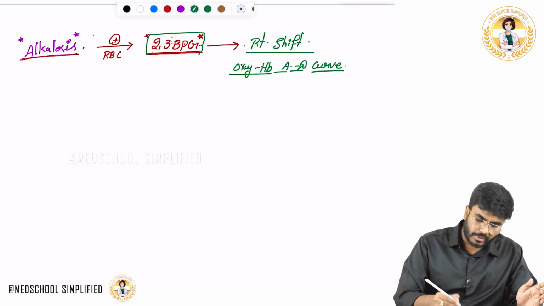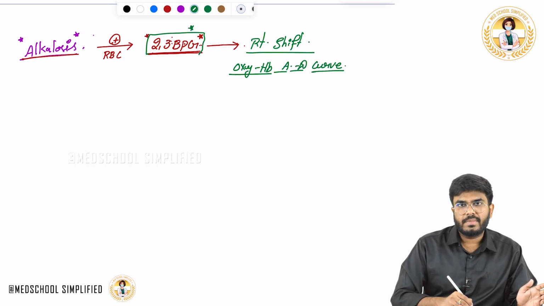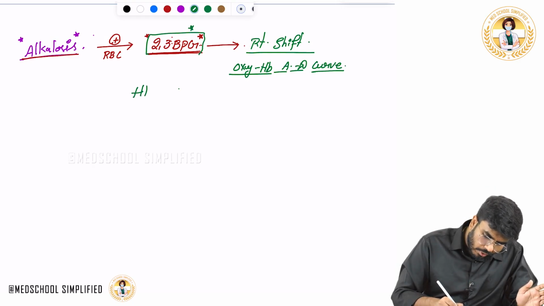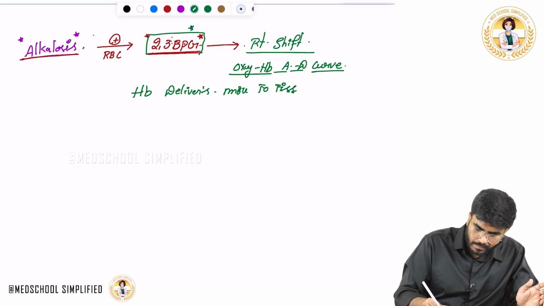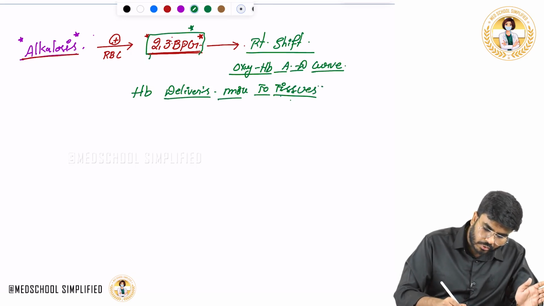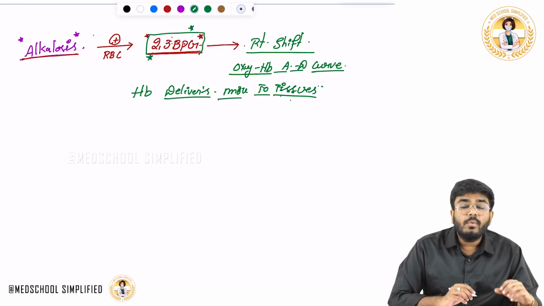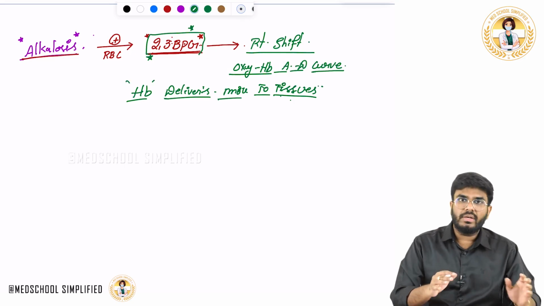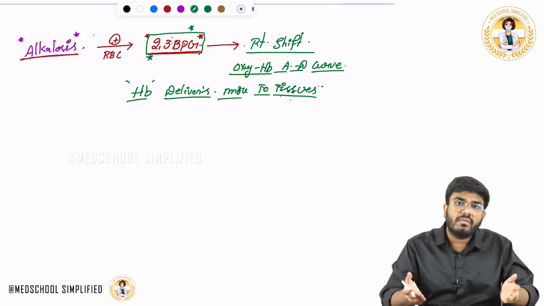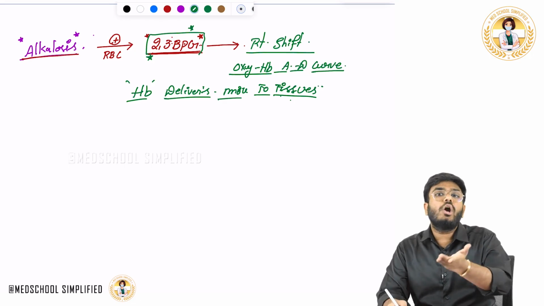Now what happens? Now hemoglobin delivers more oxygen to tissues. In the presence of this molecule 2,3 bisphosphoglycerate, hemoglobin is going to deliver more molecules of oxygen. Instead of 1 molecule, it will now deliver 2 molecules of oxygen to the tissues because tissues require oxygen.